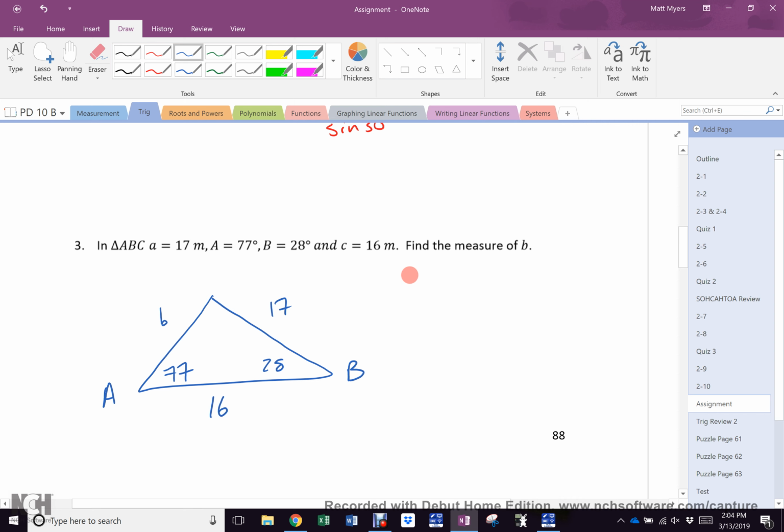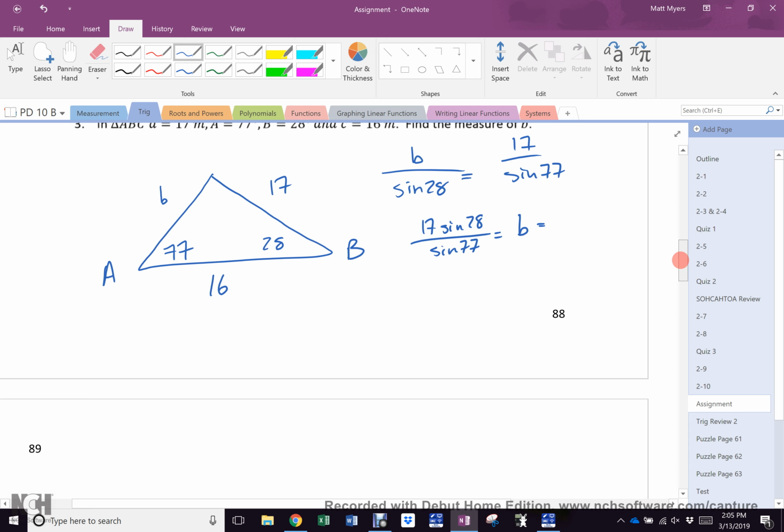Well, B over sine 28 equals 17 over sine 77. 17 sine 28 divided by sine 77 equals B. And you will give me that answer in a moment.